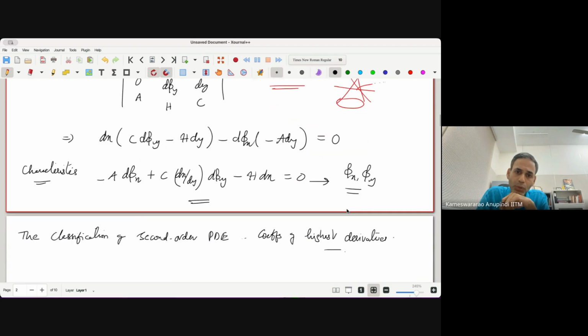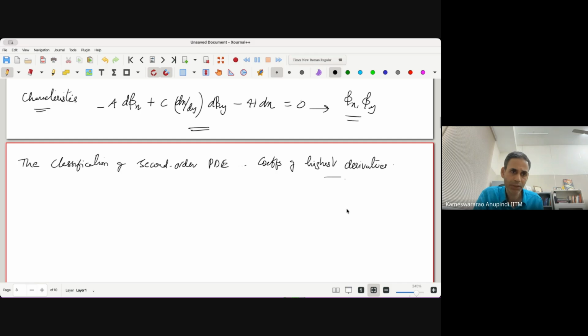Fine. So now let us look at what this means. If b square minus 4ac is less than 0, we said this is an elliptic partial differential equation.